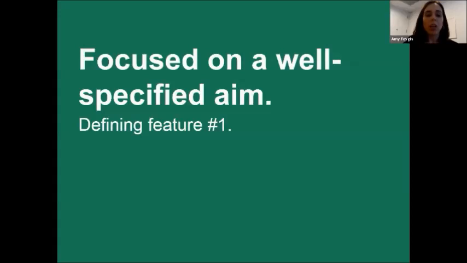According to Tony Bryk and colleagues in the book Learning to Improve, which is really a foundational text for this work, NICs have 4 defining features. I'm going to go through each of these so we can get a good sense of what this is all about. The first defining feature is that they're focused on a well-specified aim.